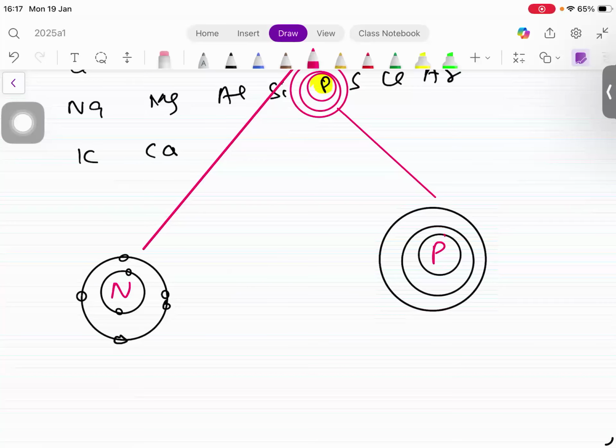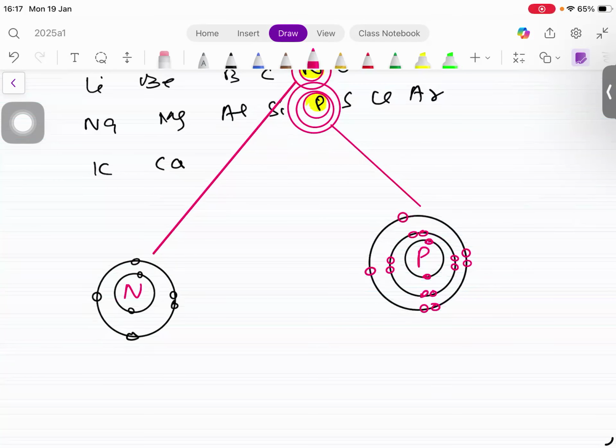The first shell has how many electrons? 2. The second shell has how many electrons? 8. And the third shell has how many electrons? 5. So although there are 5 electrons in the valence shell of nitrogen and 5 electrons in the valence shell of phosphorus, phosphorus has 3 quantum shells and nitrogen has 2.